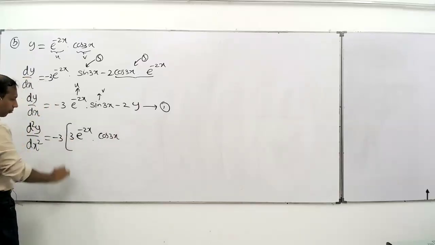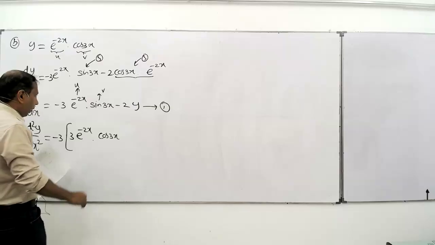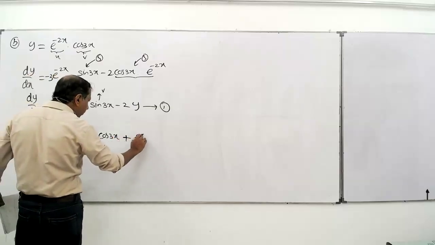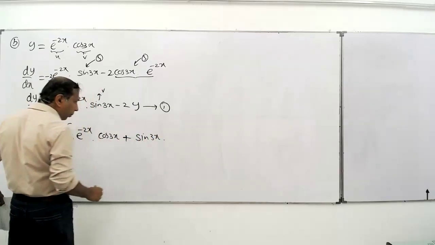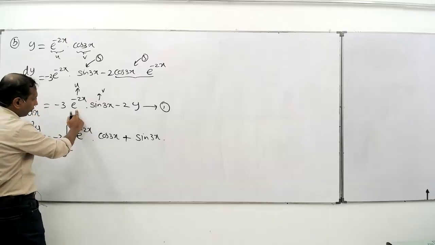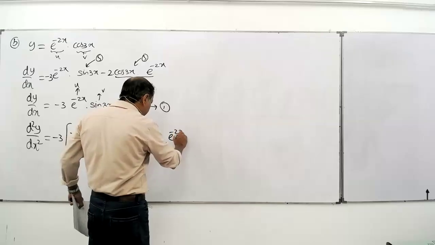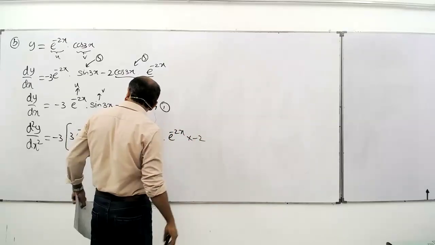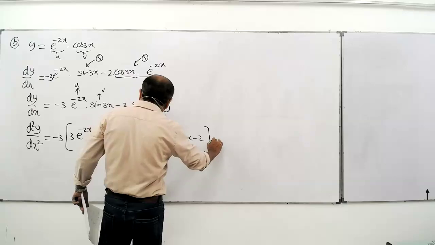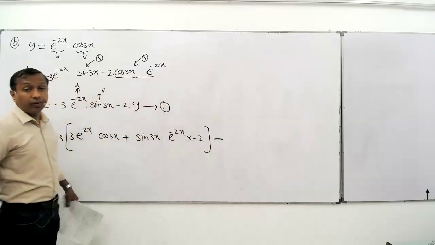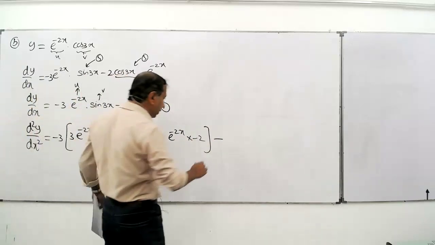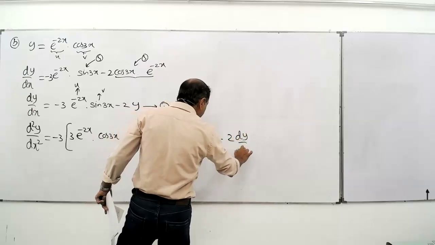Keep sin 3x the same and multiply by the derivative of e to the power minus 2x, which is e to the power minus 2x into minus 2. Now for 2y, 2 is a constant and the derivative of y is dy by dx.